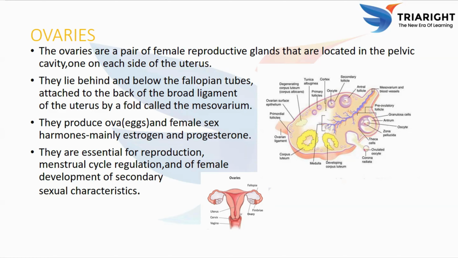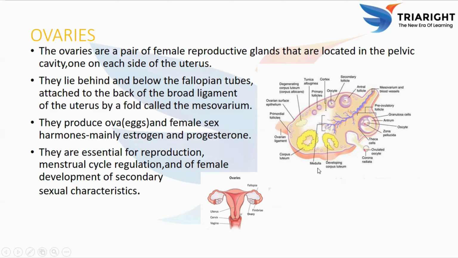Now coming to the microscopic structure of the ovary. When you observe the ovary under the microscope, you can find four layers: germinal epithelium, tunica albuginea, cortex and medulla. Here you can see the tunica albuginea next to the cortex.